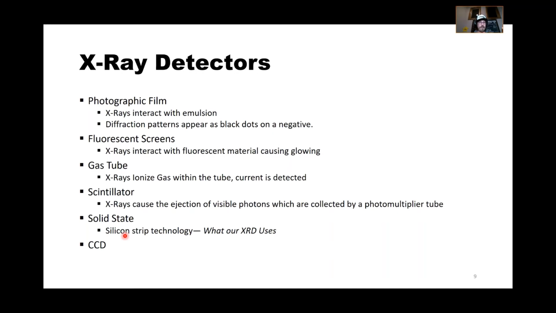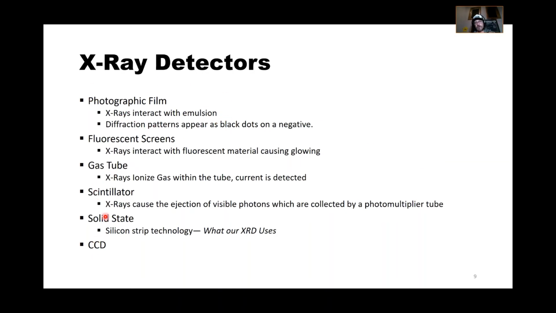And if I didn't make it clear, the transition from using photographic film and fluorescent screens to using a gas tube and this type of stuff is going from, let me see if I can just draw on it, I don't know if it'll let me. Oh, it won't. Going from looking at spot patterns to spectroscopy.